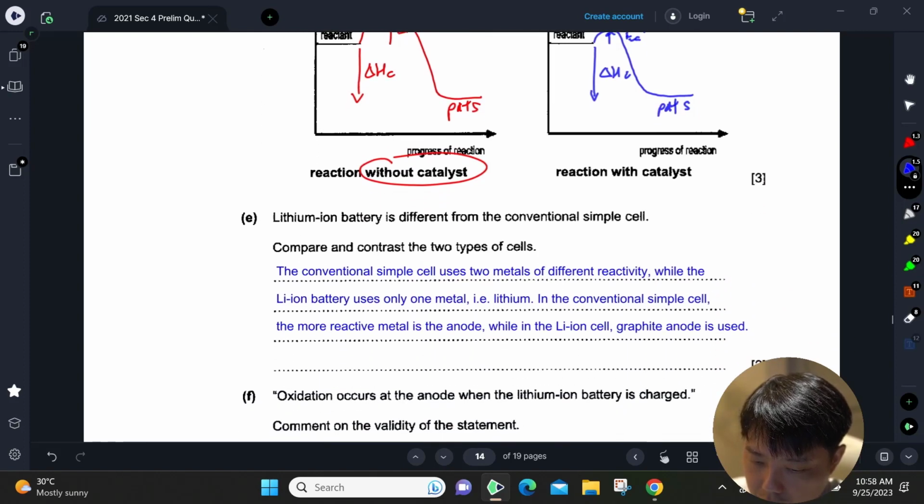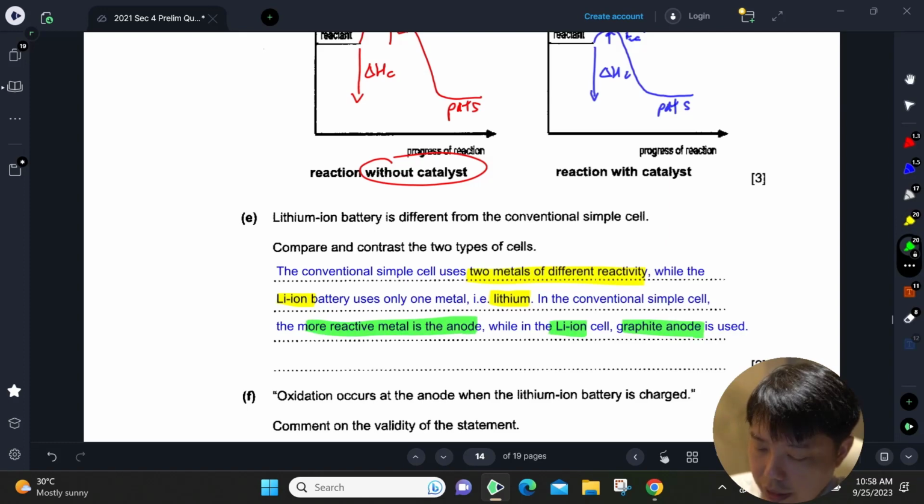Part E, lithium ion battery is different from conventional simple cell. Compare and contrast the two types of cell. Conventional simple cell uses two metals of different reactivity, but lithium ion uses only lithium. So this is one difference. In the conventional simple cell, the more reactive metal is the anode, whereas in the lithium ion cell, graphite anode is used.